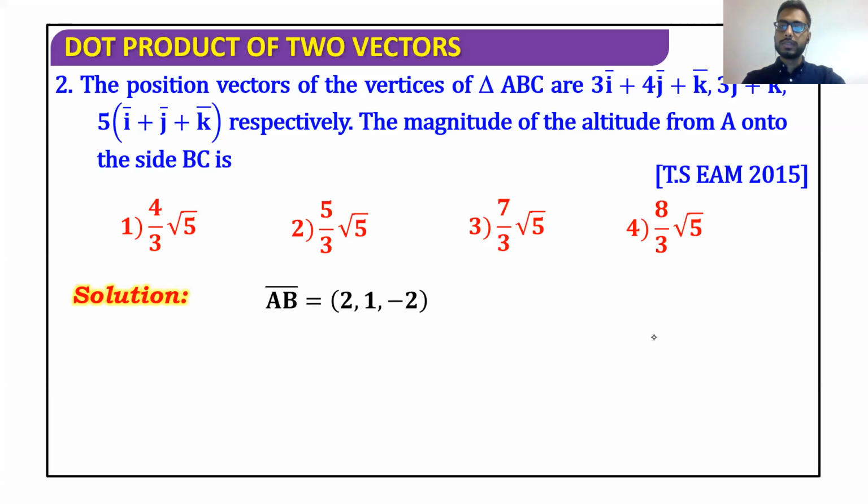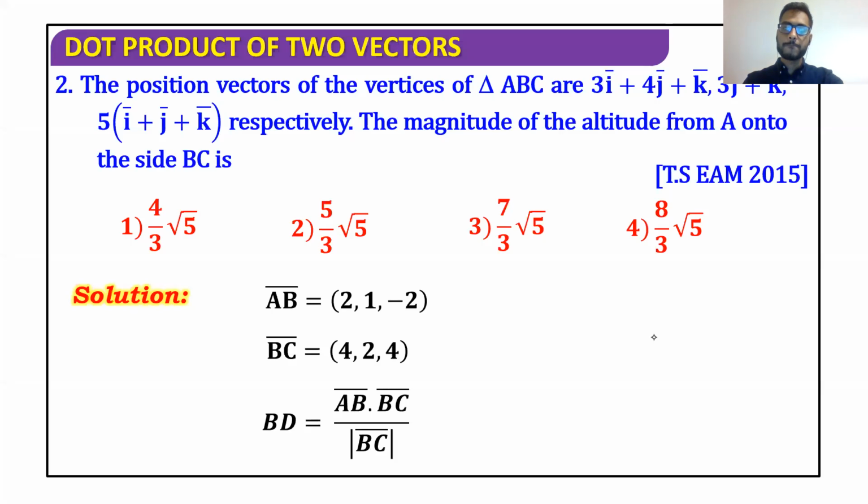AB bar is equal to this term. A is 3i plus 4j plus k and B is 3j plus k. Therefore, AB bar is going to be equal to this. BC bar is equal to, B bar is 3j plus k, C bar is 5i plus j plus k. BD bar is obtained by using this formula.